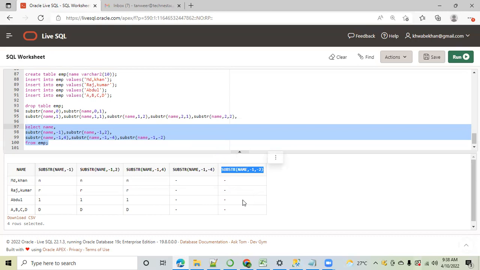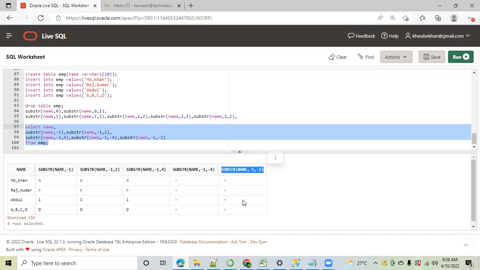Is this clear now? Very simple. So we cannot use negatives. Anyone who wants me to repeat this? Is this clear?